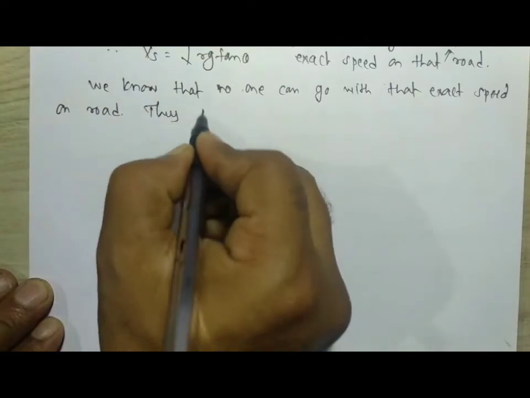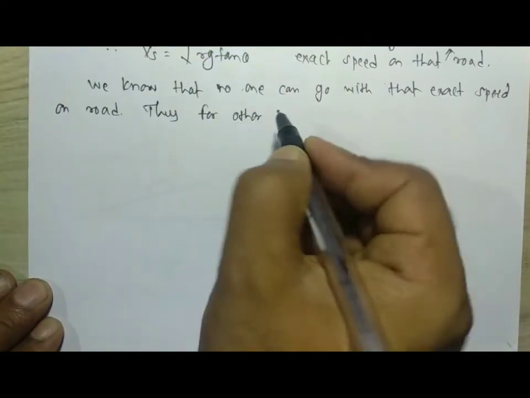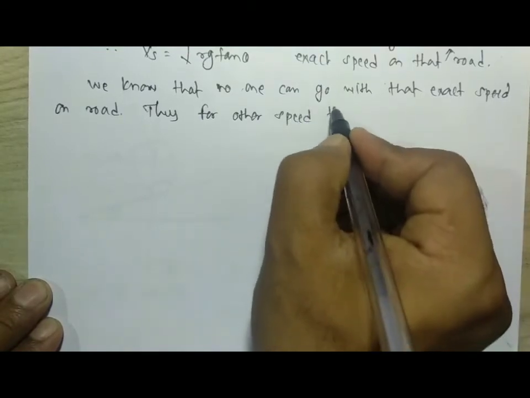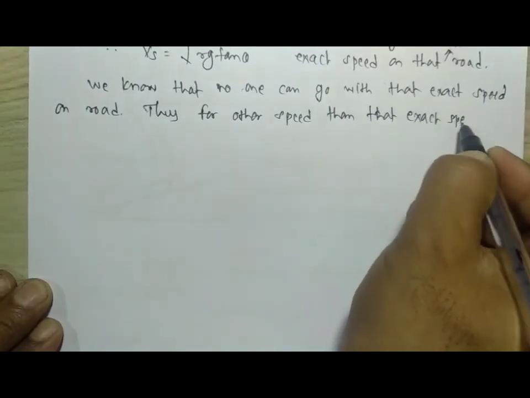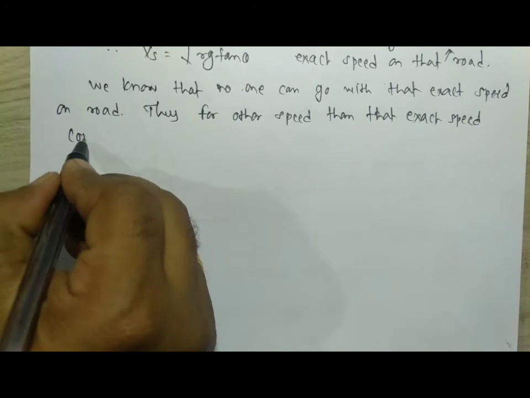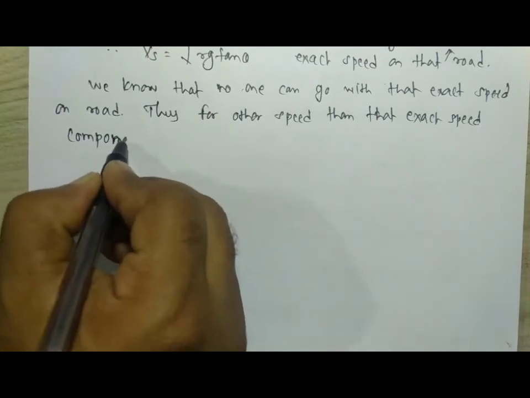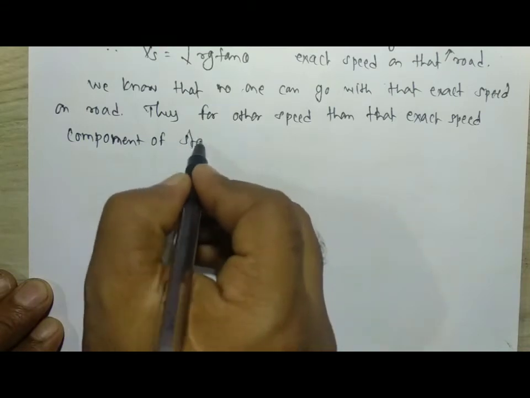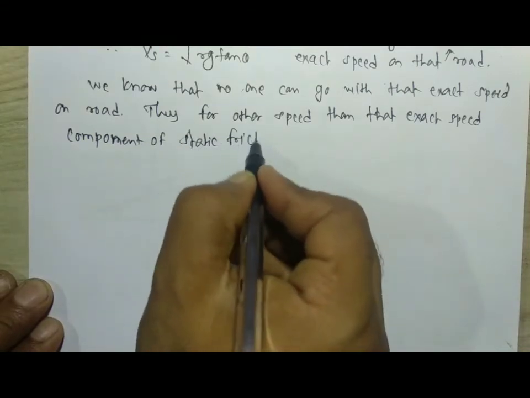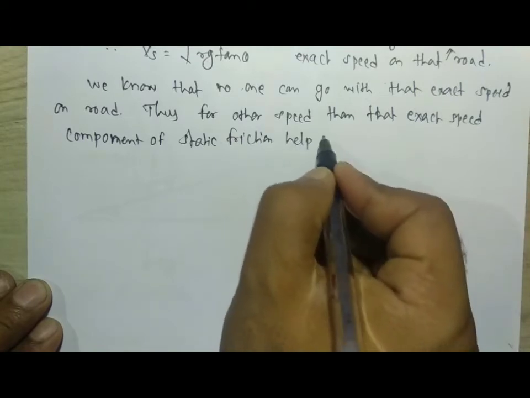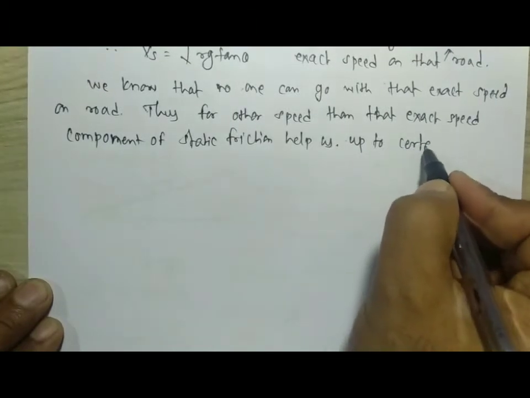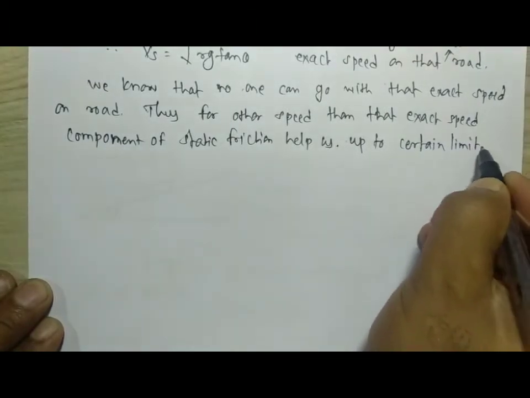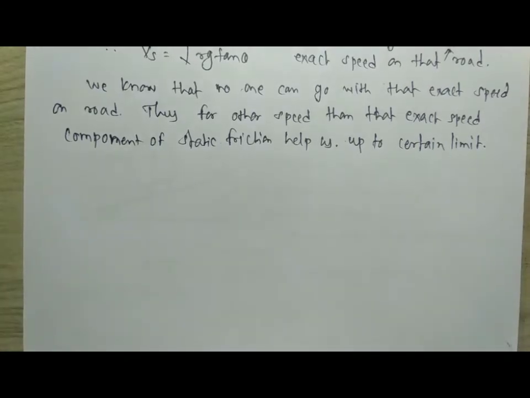Thus, for speeds other than that exact speed, the component of static friction helps us up to a certain limit, and due to that you will get the lower limit of speed and the upper limit of speed.